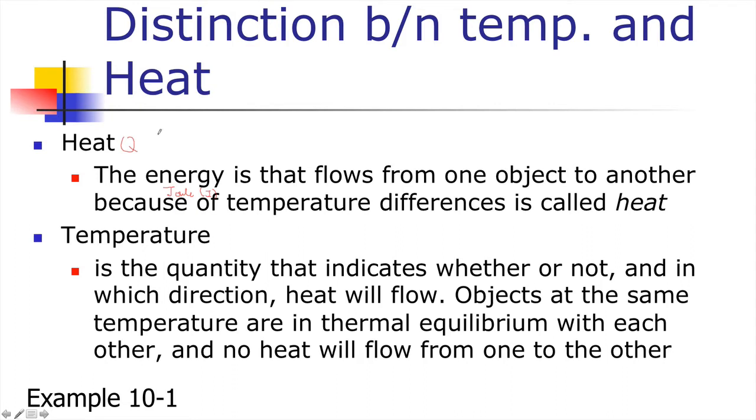Okay, so in general, for instance, you have water, and then you warm it up and you change its temperature from a certain level to another level, right? So how do you find the amount of heat energy required?